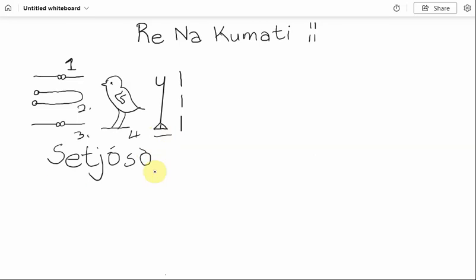What does Setjoso mean? It means elevator, is really what, this object right here that was used in construction, right, is a hoist.